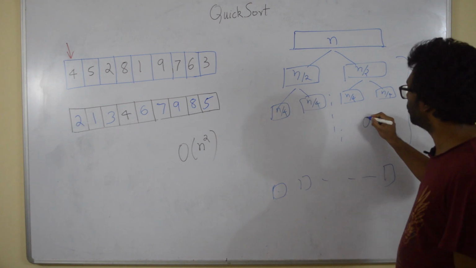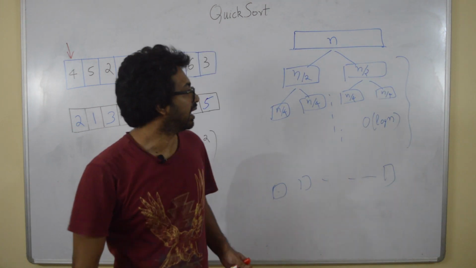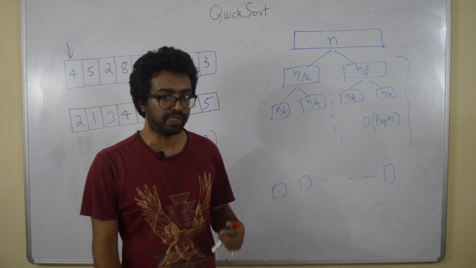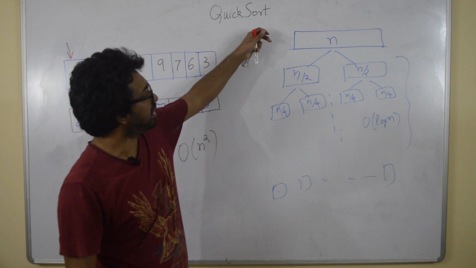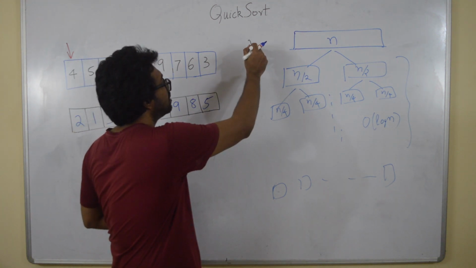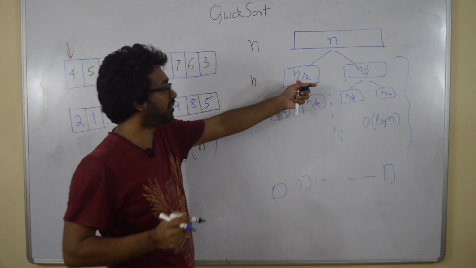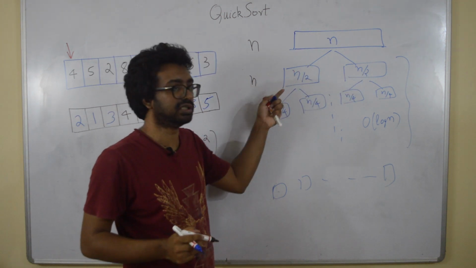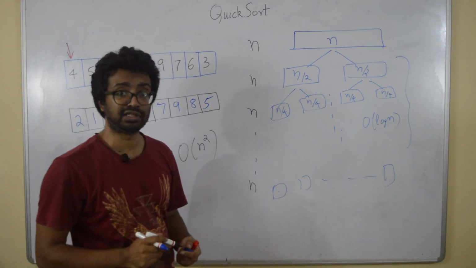The height is going to be order log n. We know this fact because it's a complete binary tree, and in a complete binary tree the height is order log n. Okay, and at each level how much time does it take to run? So here it's n, and here it's n by 2, n by 2, so it's n by 2 time here and n by 2 time here, so it's n. Again here also n, so finally everywhere it's n.